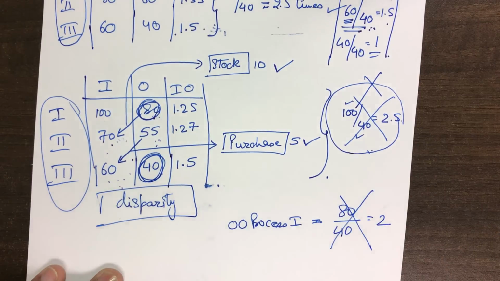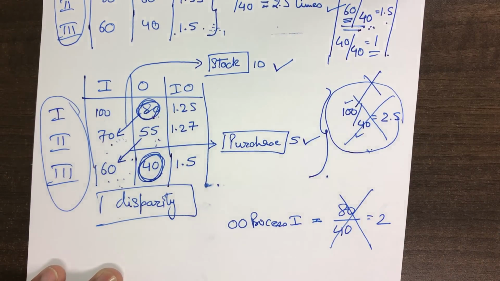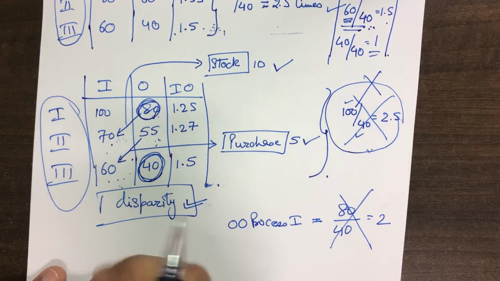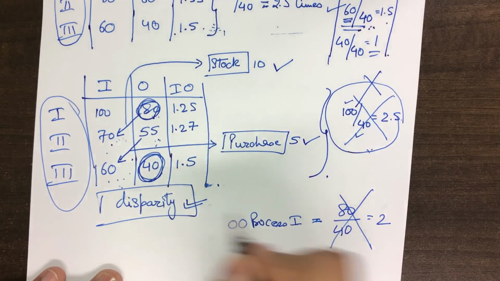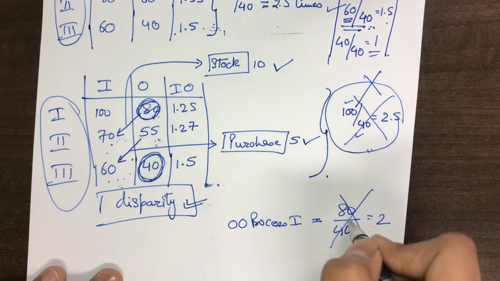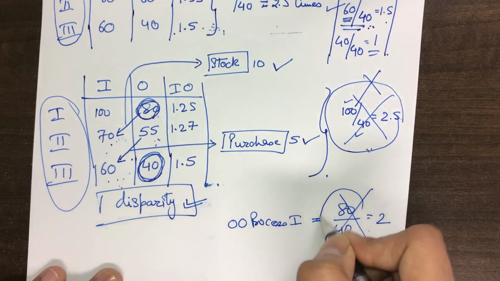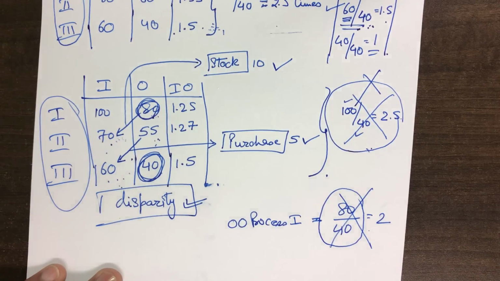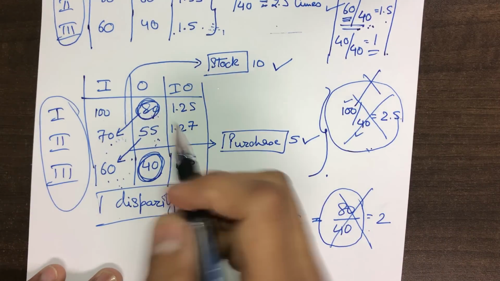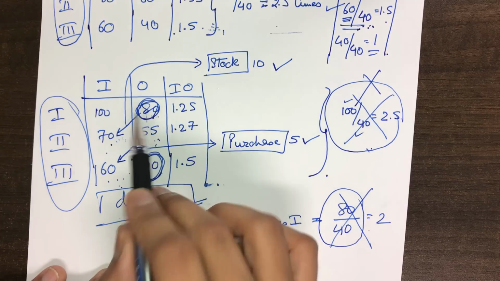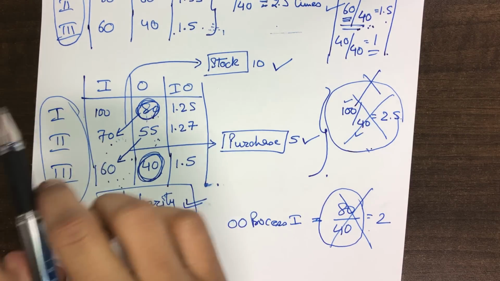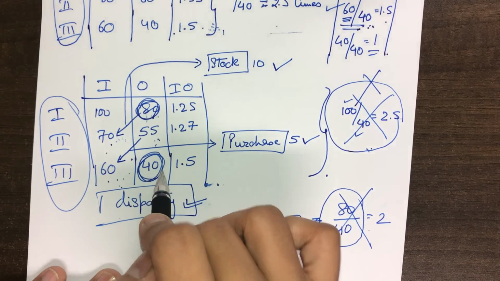Your answer is incorrect. Again, the problem is disparity. If there is disparity between the inputs and outputs of two subsequent processes, you cannot ascertain the output-output ratio simply by dividing the output of first process with output of the second process. You cannot, because there are disparities between input and output. So 80 units of output of first process will not lead to 40 units of output in the last process.